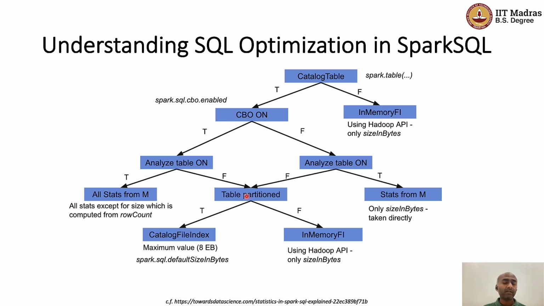If the table is indeed partitioned, because the number of files can be large, by default Spark assumes that the size of the table is the default configuration, which is the default size in bytes, and that's a value which is set by default as 8 EB. 8 EB is basically 2 to the power of 60 bytes. That's massive, right? Way bigger than petabytes.